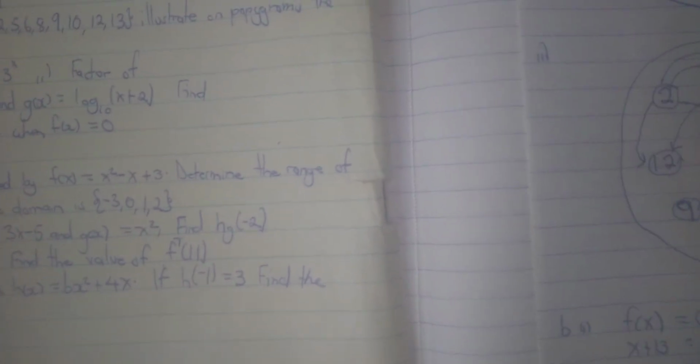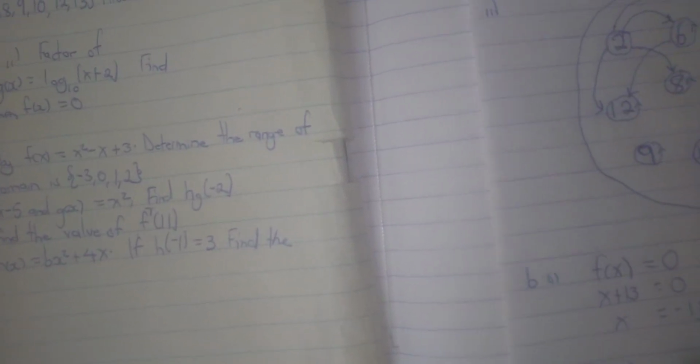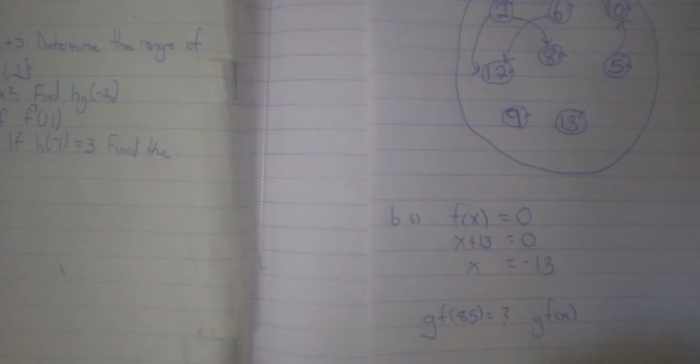Before we find the g f of 85 they want, we shall first find g f of x. This is a compound function, so for us to deal with it, we look for g f of x.